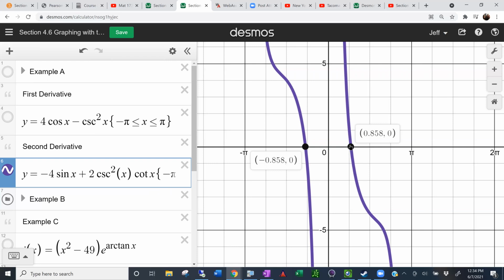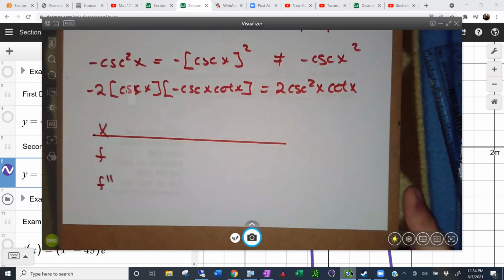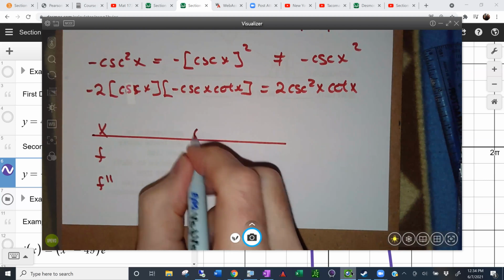But I have to include 0, even though 0 is not part of the domain of the function. The function is not defined at 0, but the function can change signs in the first or second derivative at 0. I really should have included 0 on the last one. Well, I got 0 here.